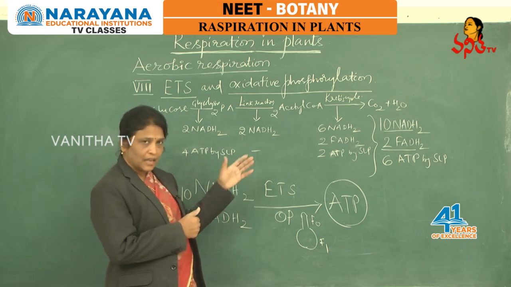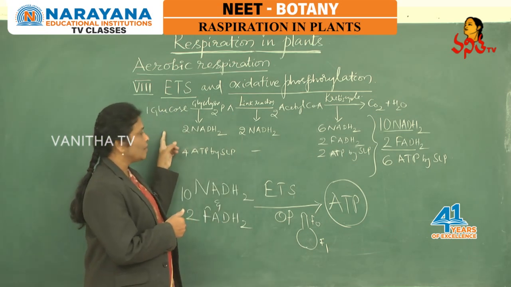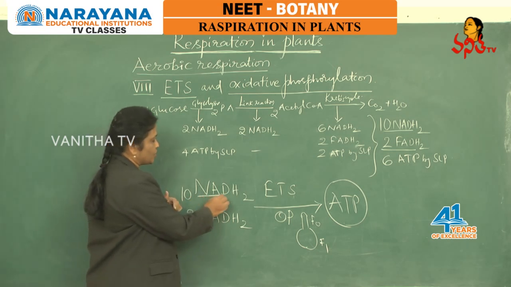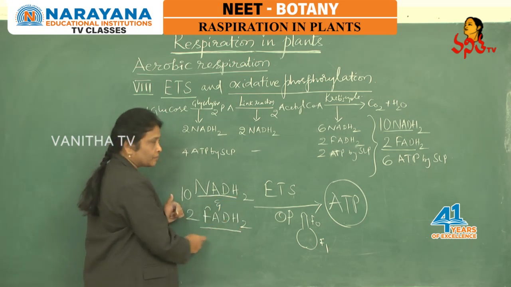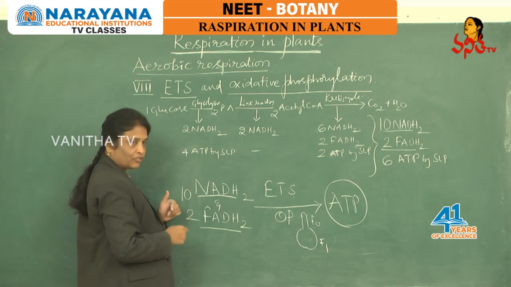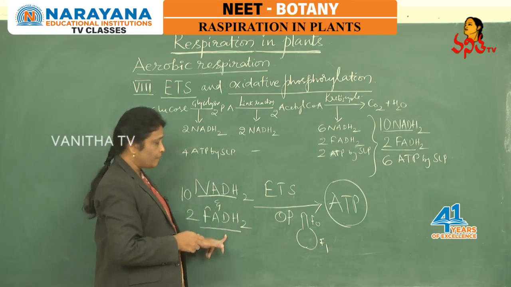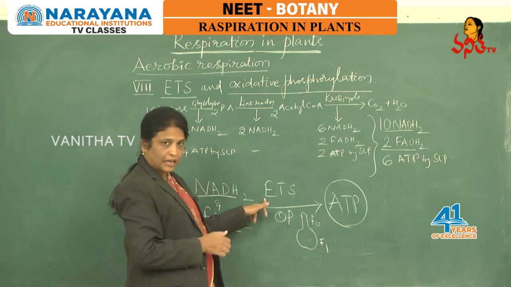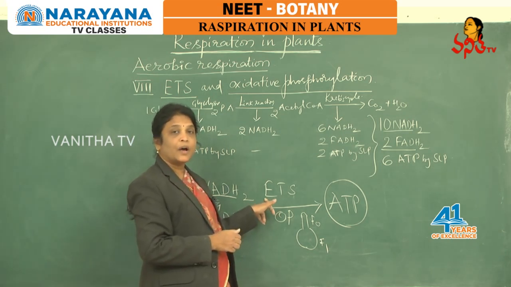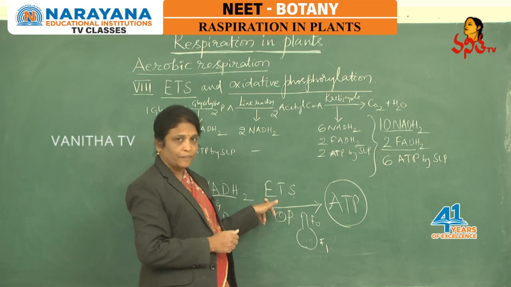To serve that purpose, oxidation of NADH2 and FADH2 occurs, and that is the electron transport system. Due to oxidation of NADH2 and FADH2 the electrons and protons are liberated and they are received by oxygen.